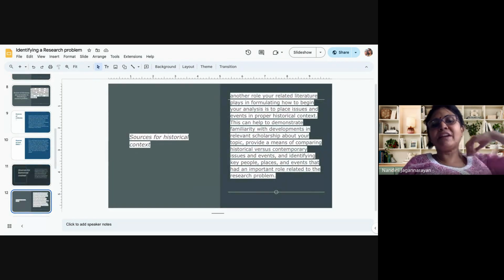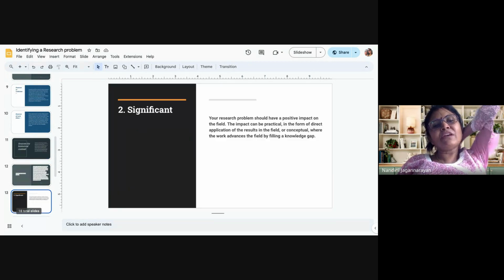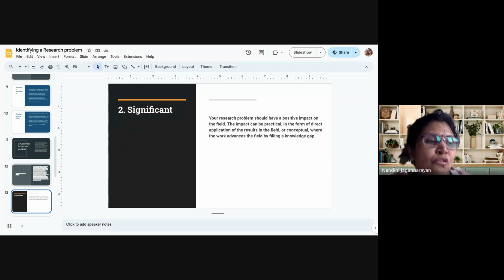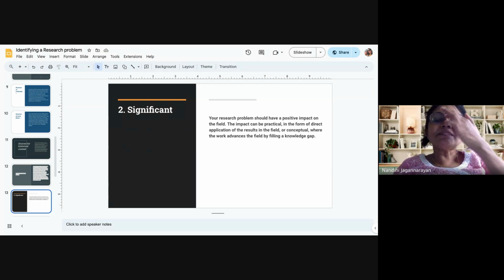These are some of the areas. And any research problem should have a significant impact. Why am I repeating? Because last class only four of you turned up, and you may have missed a major chunk of it. Any research problem should have a positive impact on the field that you are researching.